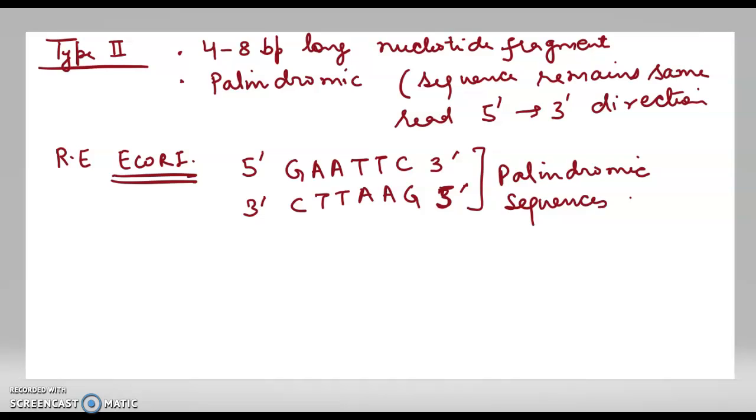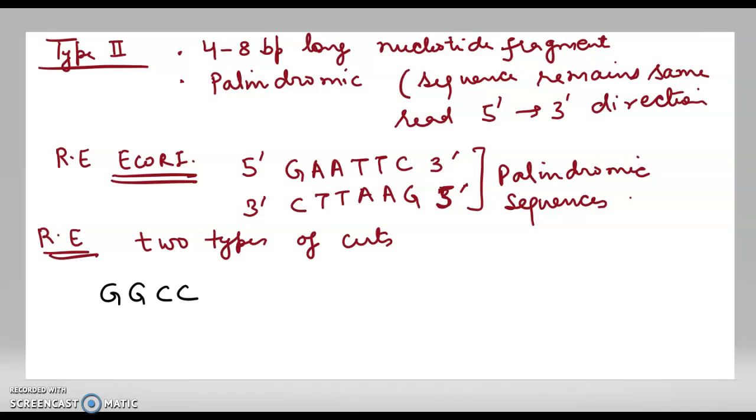Now another thing, restriction enzymes can produce two types of cuts. Like if we check one restriction enzyme, this is 5' to 3', another one is from 3' to 5'.